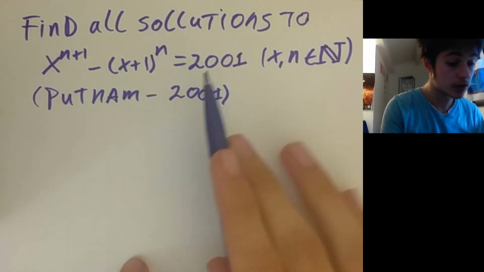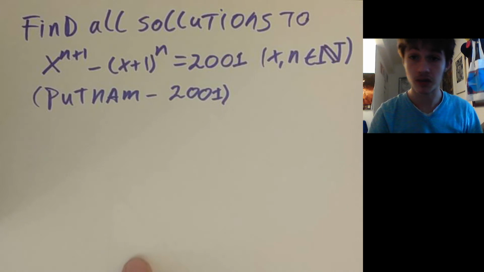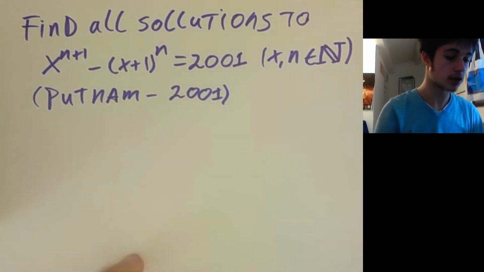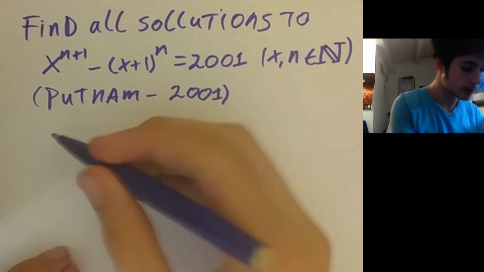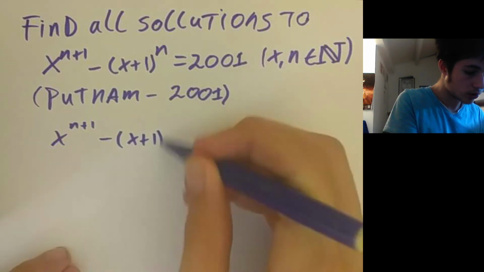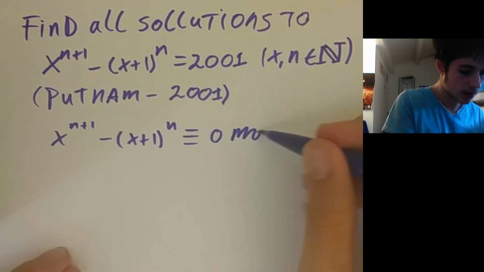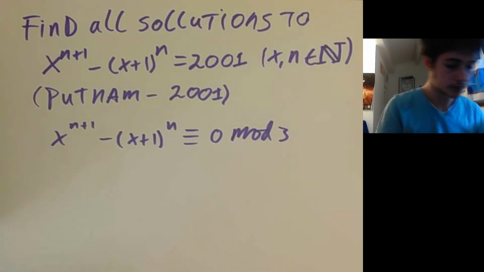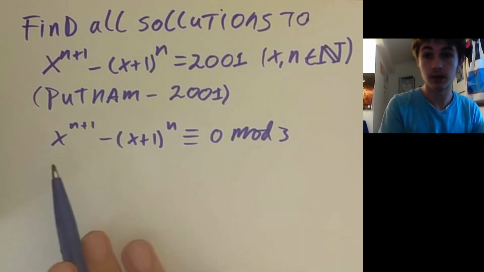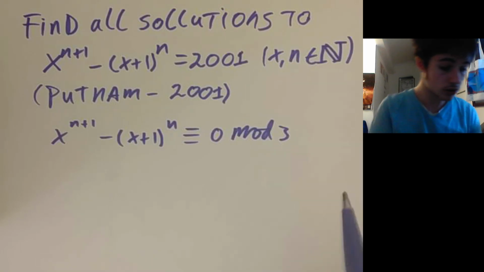So first of all, notice that 2001 is divisible by 3. So this thing will also be divisible by 3. And when you try some values, x can be 0, 1 or 2 modulo 3.